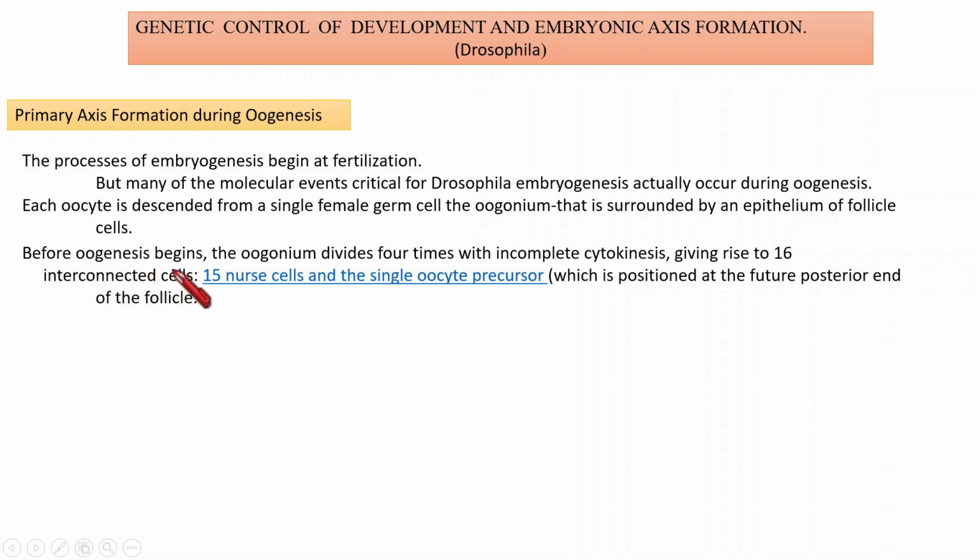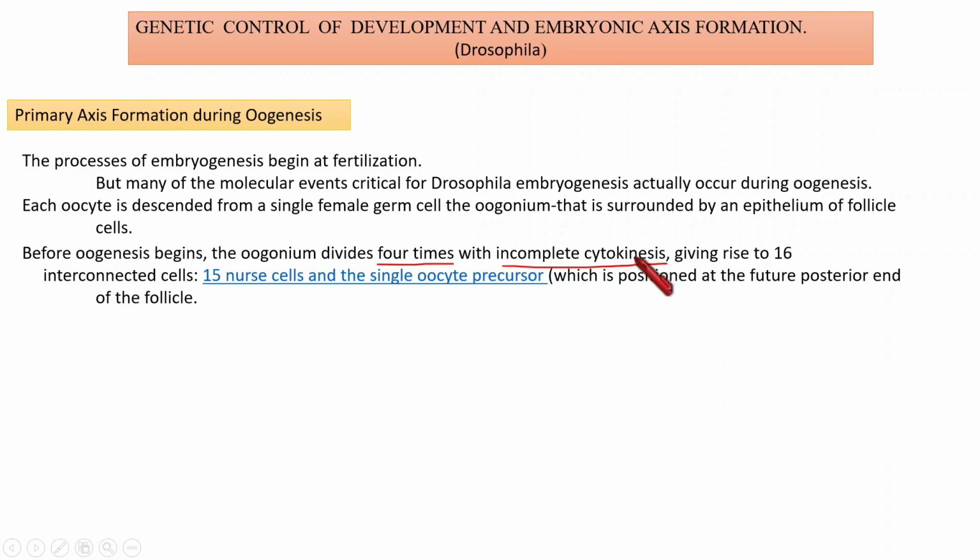Before oogenesis begins, that means before the process that leads to the development of the oocyte, this oogonium divides 4 times. How does it divide? Through incomplete cytokinesis. We need to note that. Incomplete cytokinesis means the nucleus divides completely, but the cytoplasm does not divide.